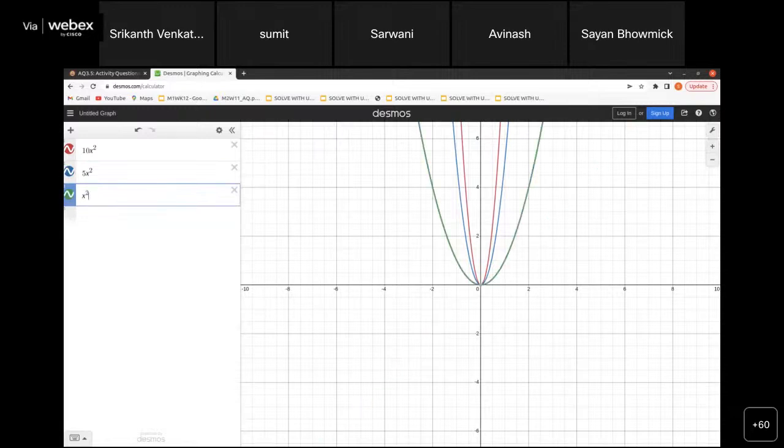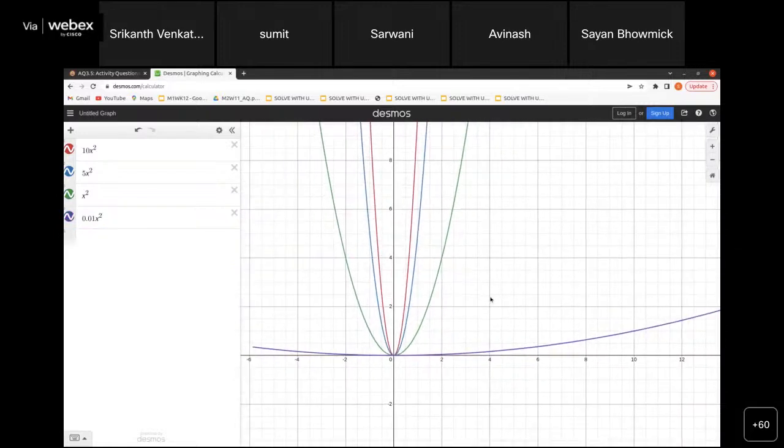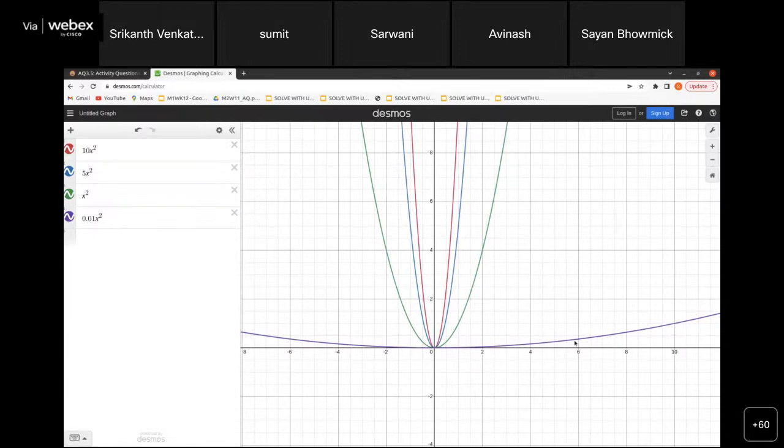X square will be like this. 0.01 x square will be like this. Now you see from these 4 graphs, let us start with this last graph. Is my cursor visible? Yes, sir.